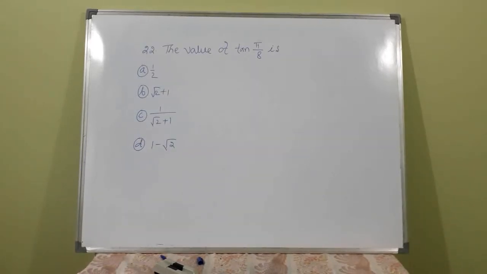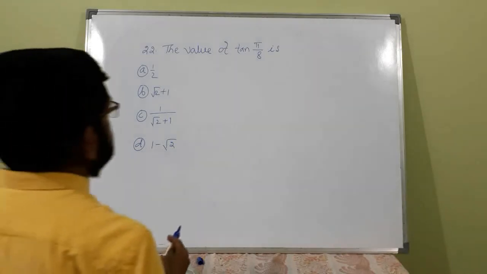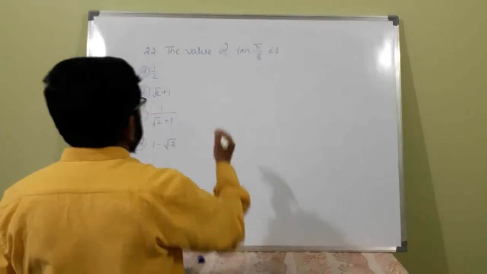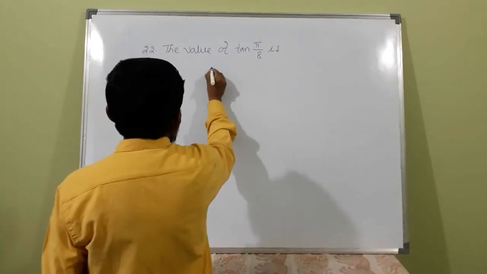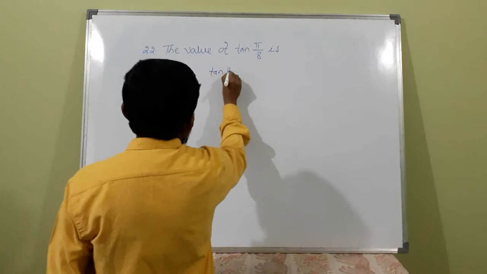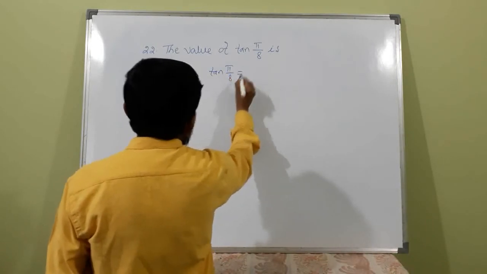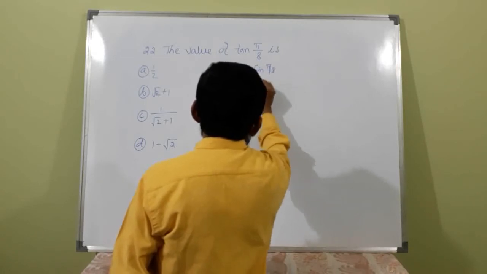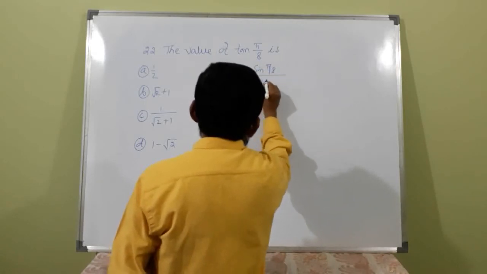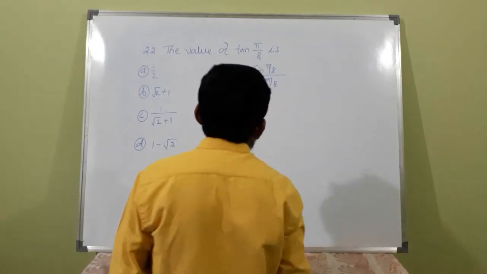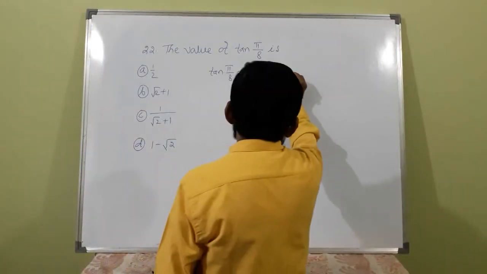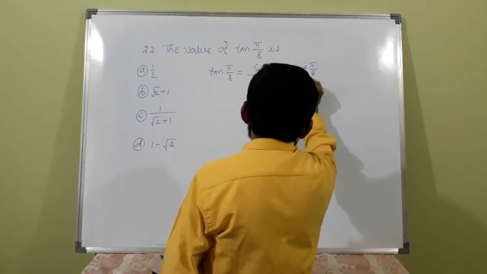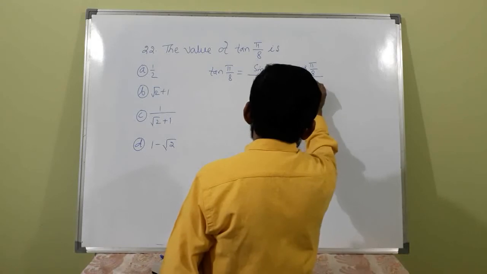Okay, the value of tan(5 pi by 8) is what you have to find. Tan(5 pi by 8) can be written as sin(5 pi by 8) divided by cos(5 pi by 8). Multiply and divide by cos(5 pi by 8).